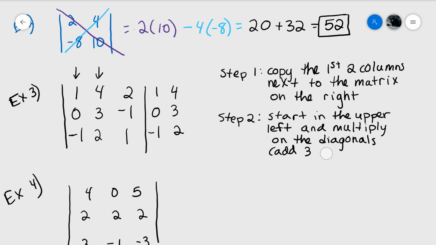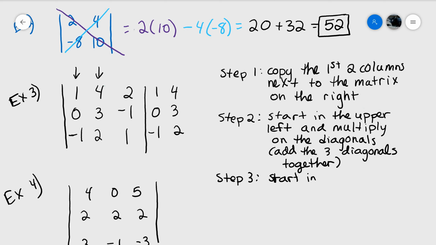Let me change the wording on that. Add the 3 diagonals together. That would make more sense once I do it, but I'm going to have to erase to get room for that. And then step 3 is start in the upper right and multiply on the diagonals.